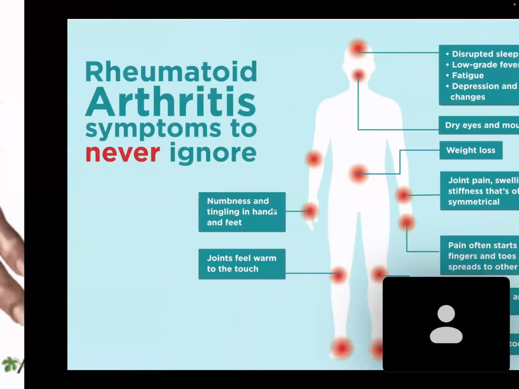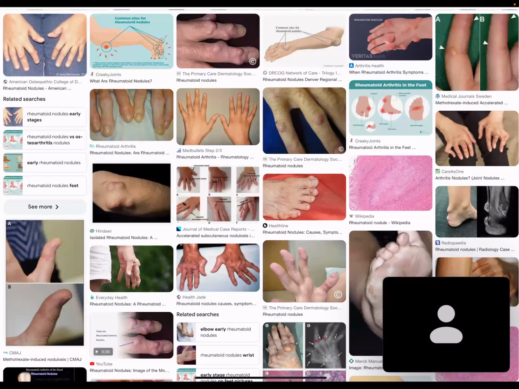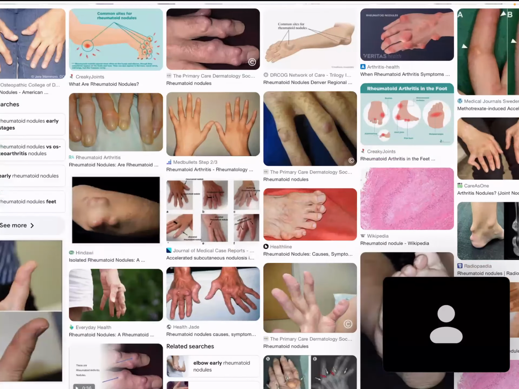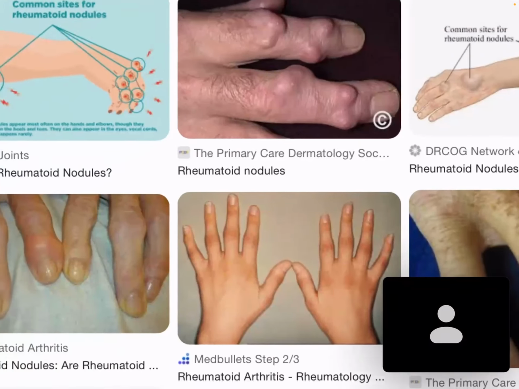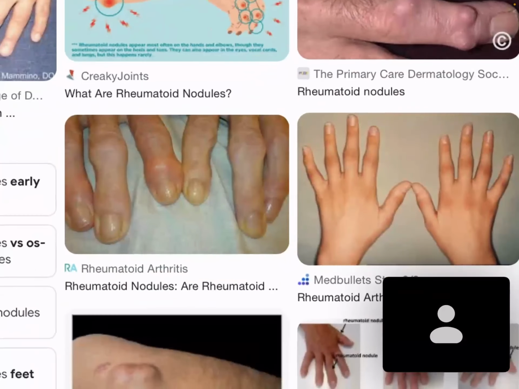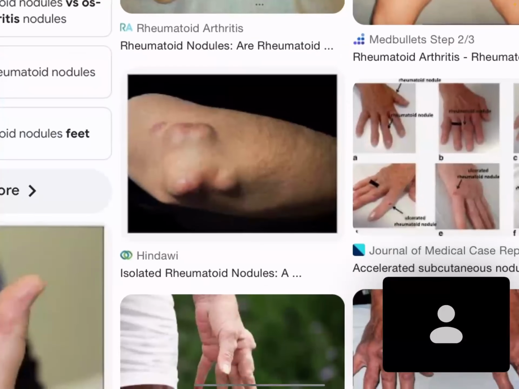So again, these are the rheumatoid nodules. Rheumatoid nodules may be found on the knuckles or on the interphalangeal joints, or sometimes on the elbow.